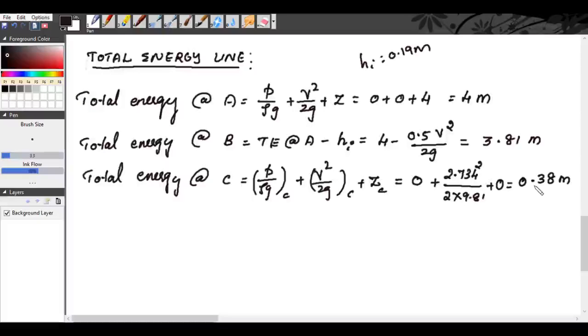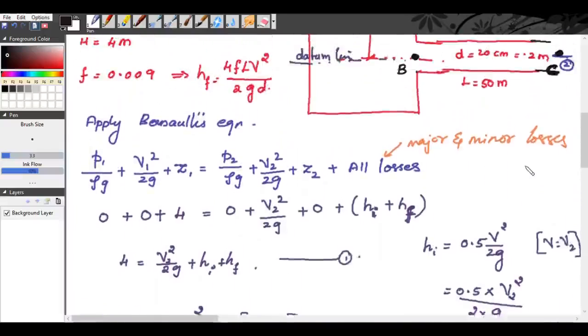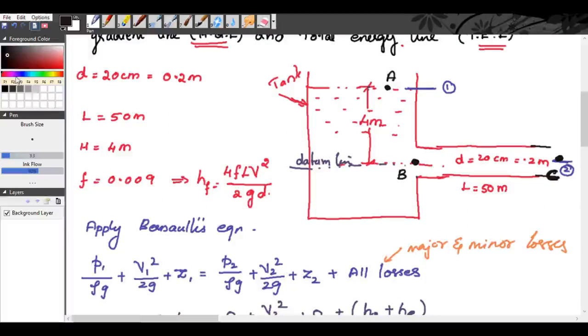Hence, we can show in the figure as, we will draw the total energy line. So, we can give some green color. So, this point D represents the total energy at A. Okay, that is 4 meter from the datum line.